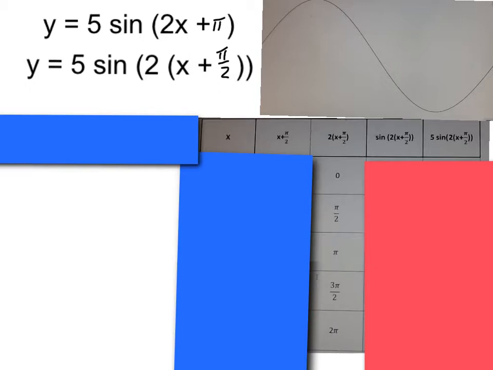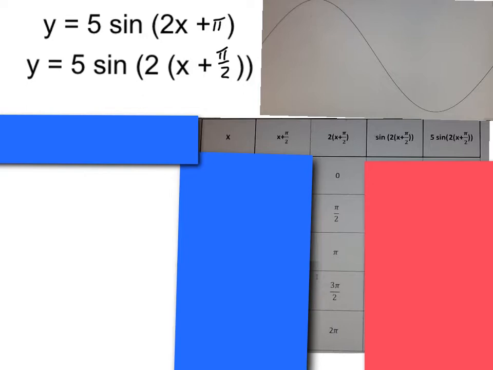Where do we start? We start with the column right before the column where sine first appears. And so that is the third column in this example. That's where we're going to start our table. And what we want is one full cycle of the sine graph.